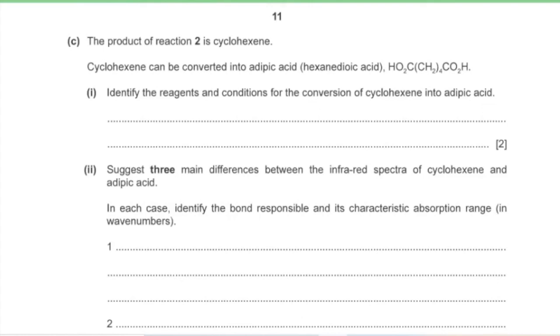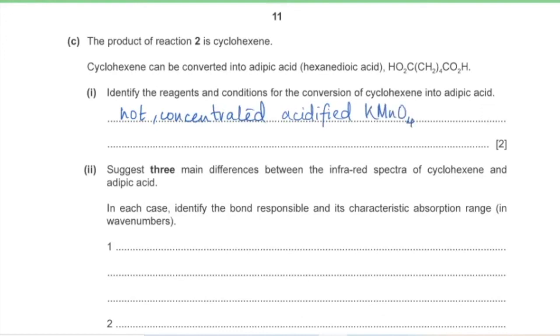Identify the reagents and conditions for the conversion of cyclohexene into adipic acid. So to convert any unsaturated hydrocarbon to acid or ketone group, we always use hot concentrated acidified KMnO4. You can write that hot concentrated acidified KMnO4.